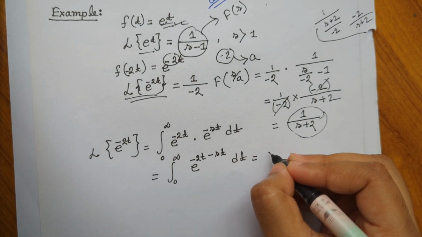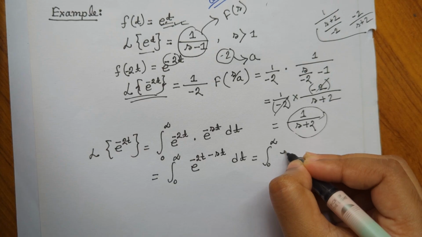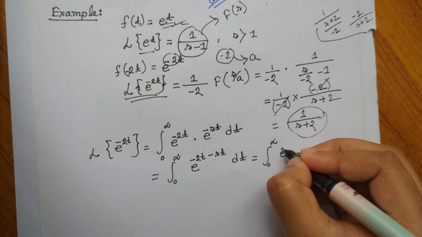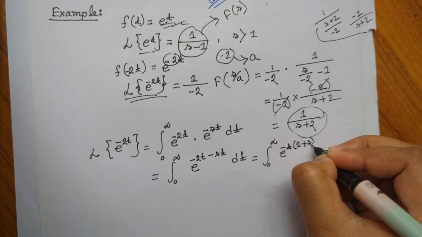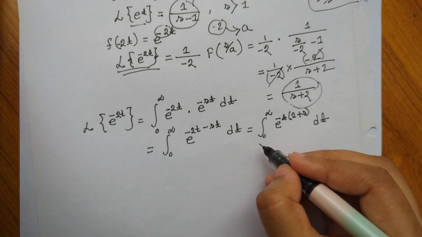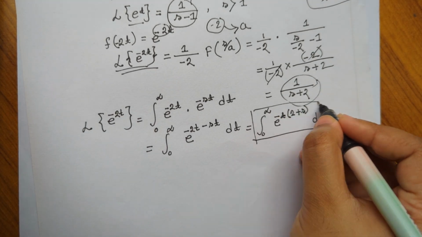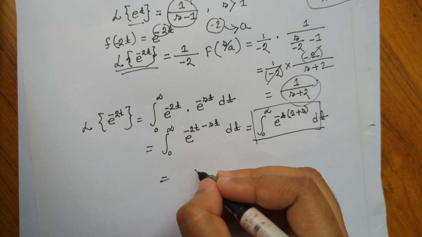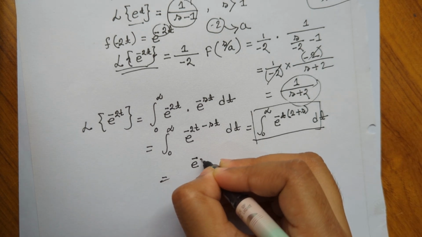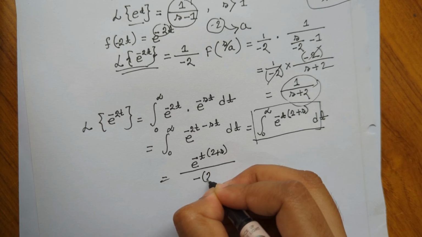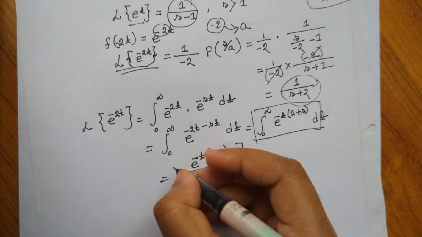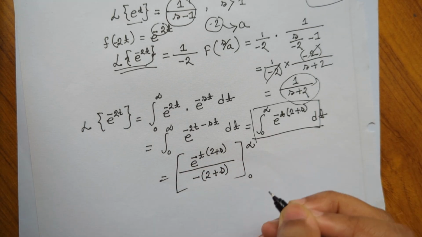Then if we further simplify this, it will be the integral from 0 to infinity of e to the power, if we take the common minus t, there will remain 2 plus s, into dt. So now we will integrate this function. If we integrate this, we will get e to the power minus t times 2 plus s, divided by minus 2 plus s, and here our limit is 0 to infinity.